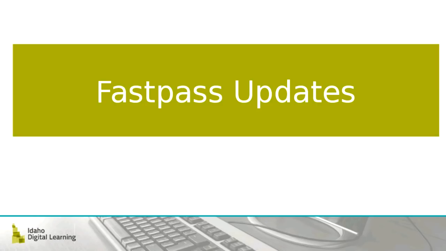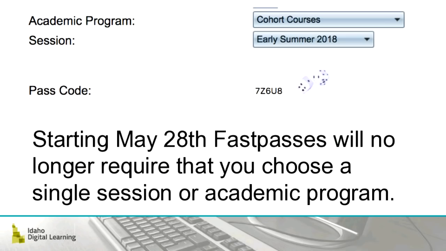Starting May 28th, and that's our target date, FastPasses will no longer require that you choose a single session or academic program. You can see here the area where it has choose the academic program and choose a session, and FastPass only lasts for that long. Starting May 28th, you can create a FastPass that isn't tied to a specific program or session, which allows you to create a single pass that would work for fall, spring, and summer, for example, or would work for flex and cohort classes, or cohort and cohort version 2 classes, which are Schoology classes.